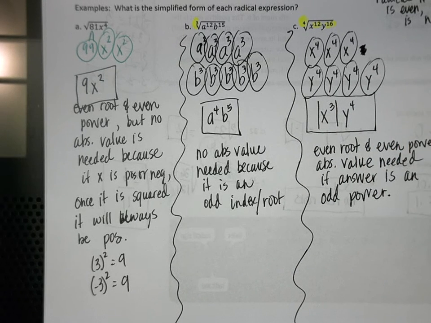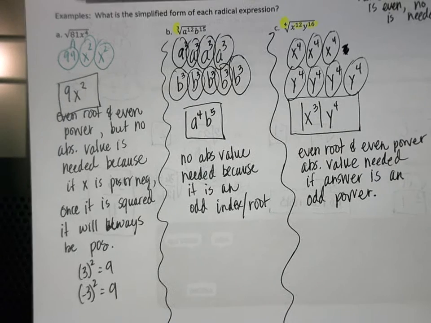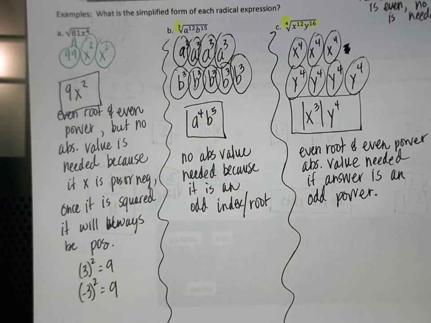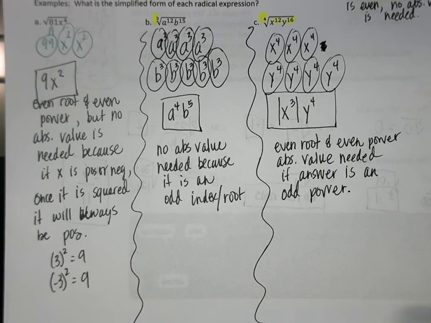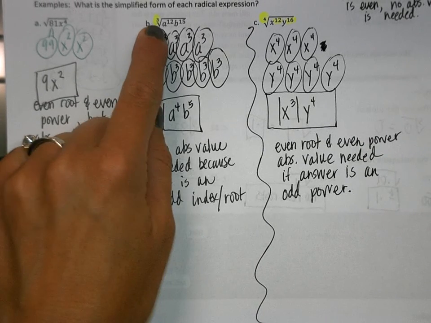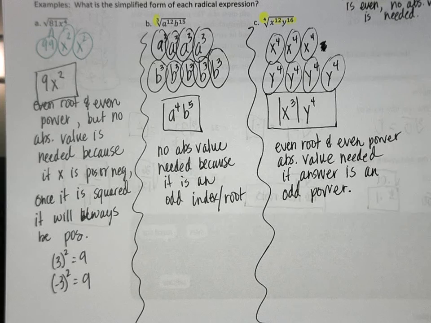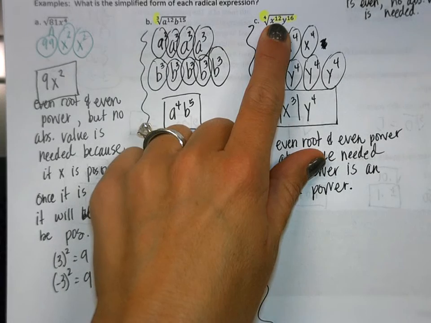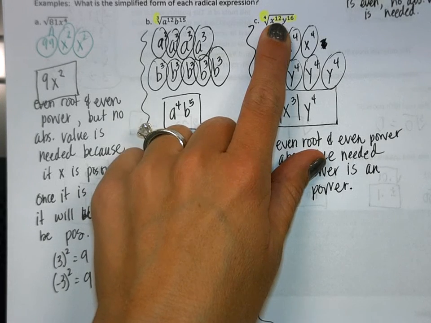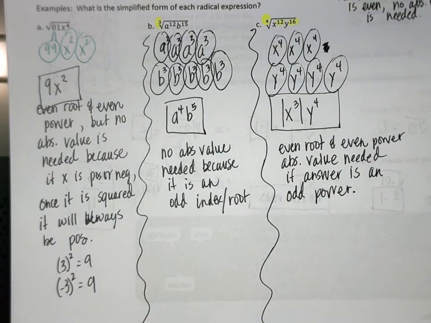For b, would b to the fifth be absolute value? No. Why not? Because the index is 3. Anytime your index is originally odd, you don't have to think about anything extra. When your index is even, the exponents inside have to be even, and then if it comes out odd, you need absolute values.